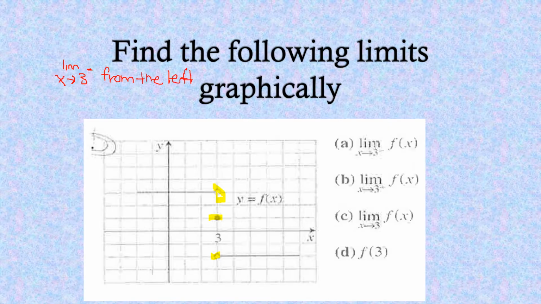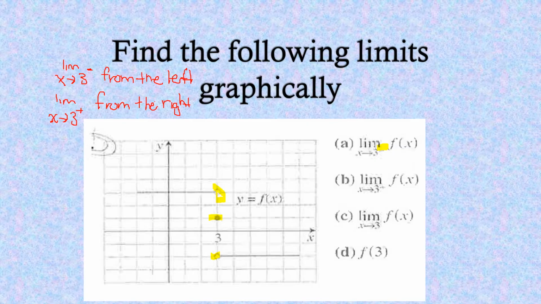And when you have the limit as x approaches 3 with a plus sign, that means from the right. You just need to be aware of that notation. So in this first question, it asks for the limit as x approaches 3 from the left, because there's that small negative sign.